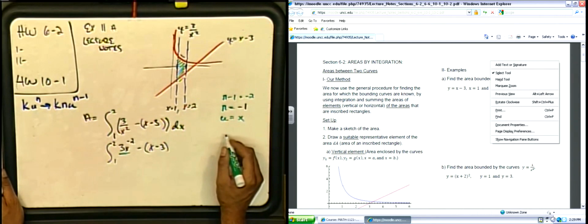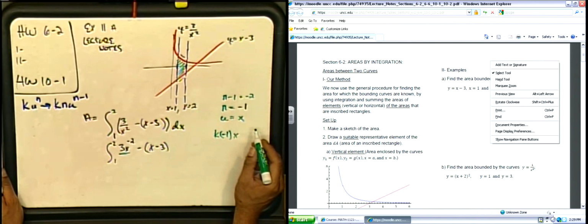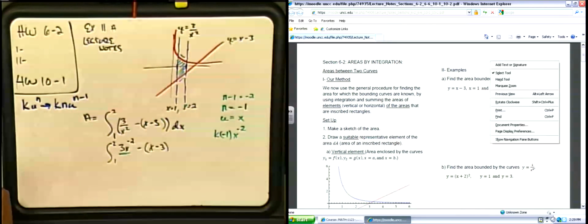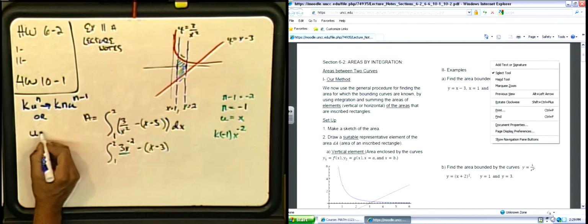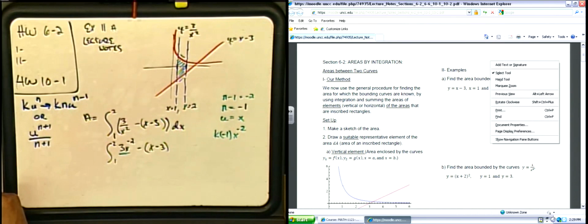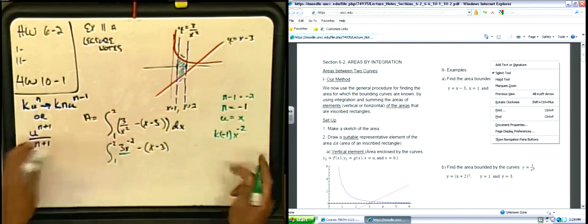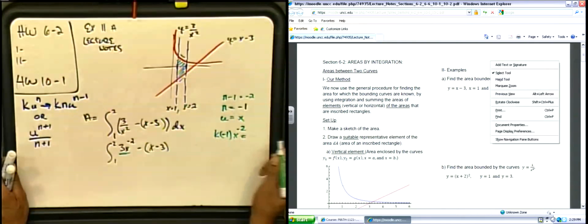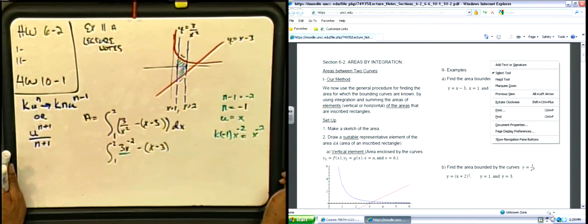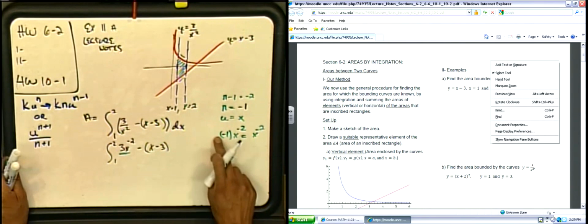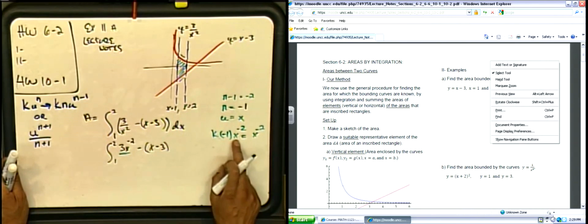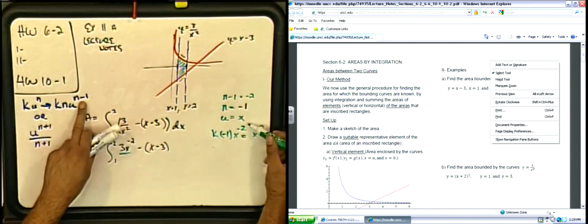So kn u to the n minus 1 equals the function, x to the negative 2.